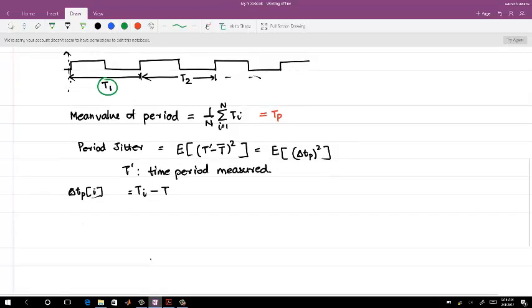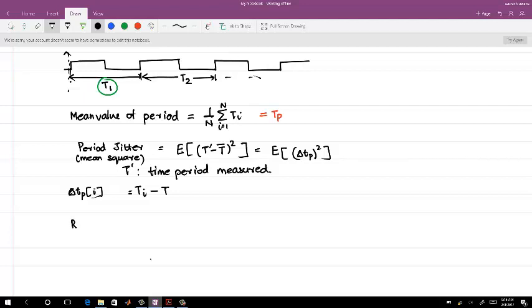But now you see that this period jitter is actually in mean square sense. Let me just write here, this is in mean square. This is not the RMS jitter.